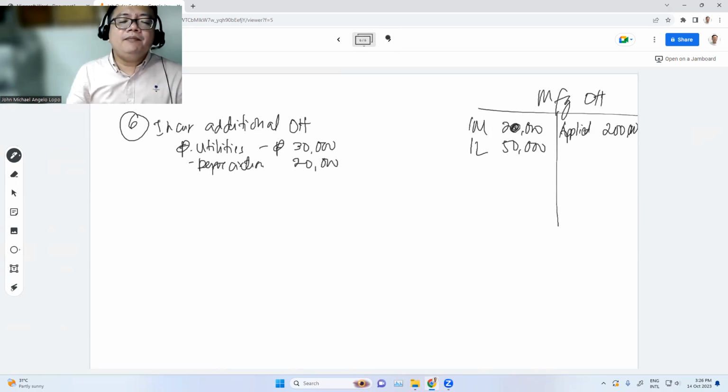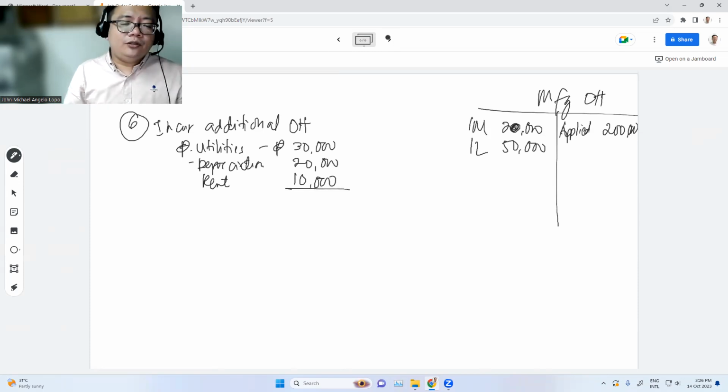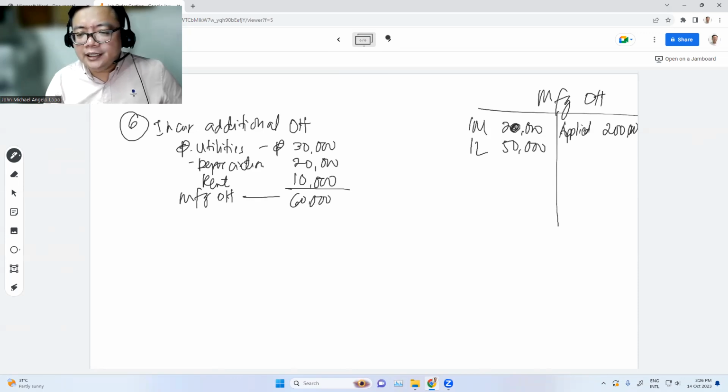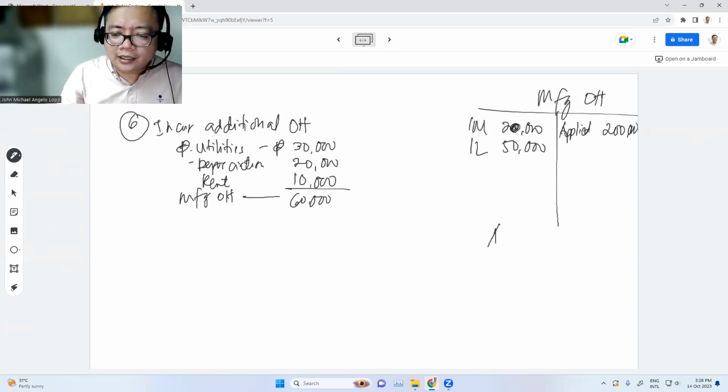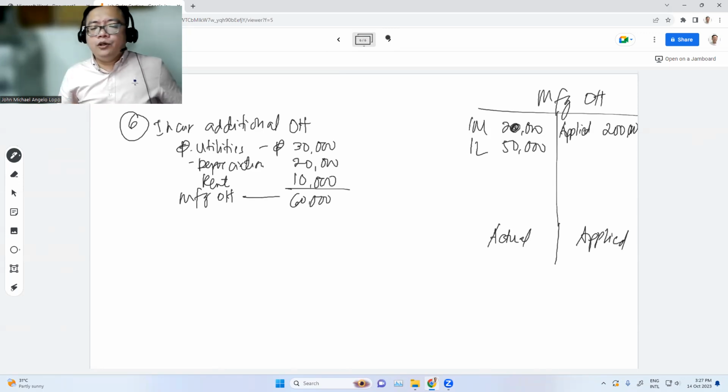Okay? Let's say rental. Halimbawa lang to, ha? Rental, it is worth 10. So, 3, 4, 5, 6. Ibig sabihin, you have an additional 60K as your manufacturing overhead. Class, in terms of the actual, sabi ko nga kanina, all your debit is your actual. All your credit naman is your applied manufacturing overhead. Okay? So, mamaya, we will transfer it with our overhead.